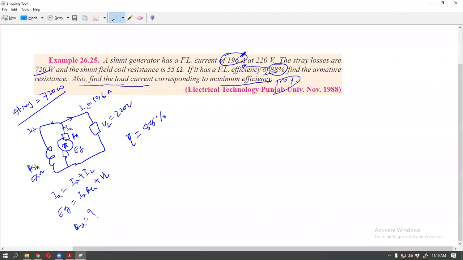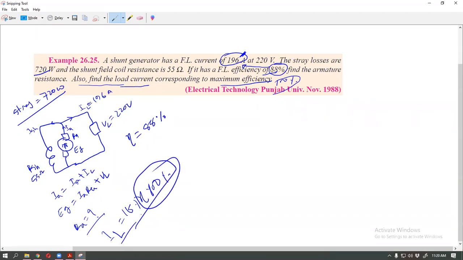Okay, at first finish the RA. Second, the load current IL, when the percent of efficiency is 100%, the maximum efficiency.